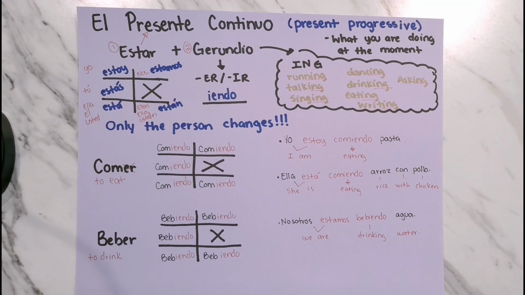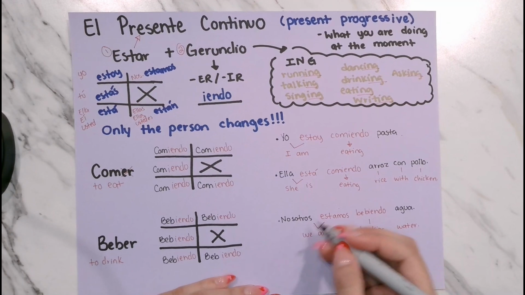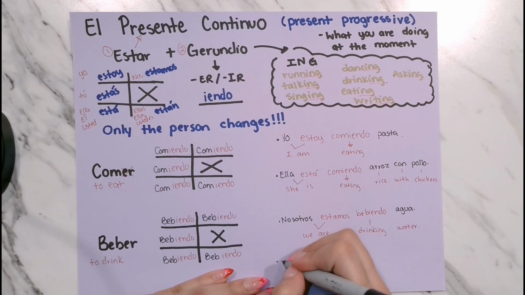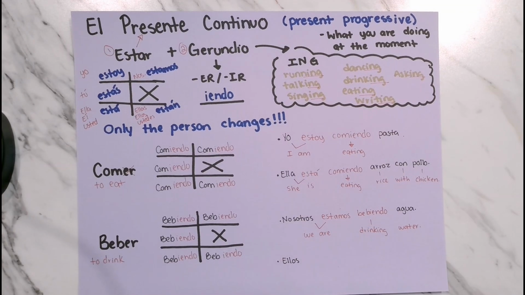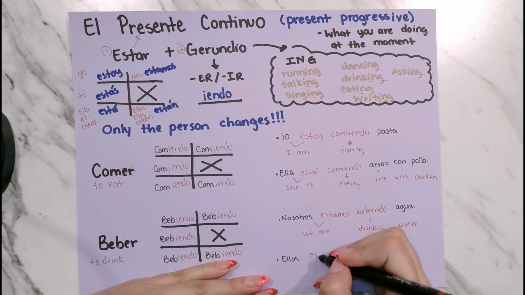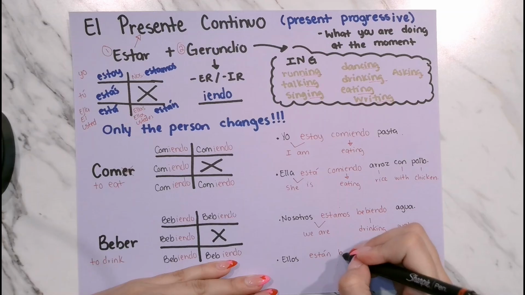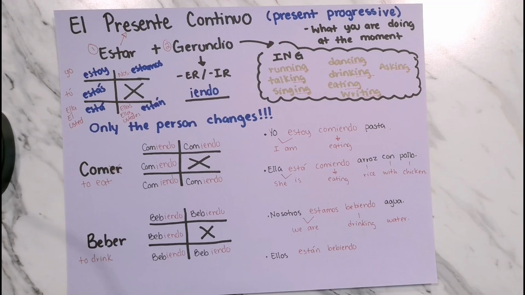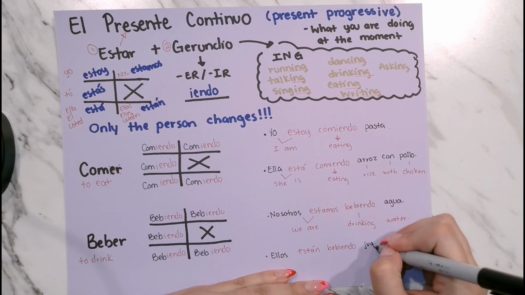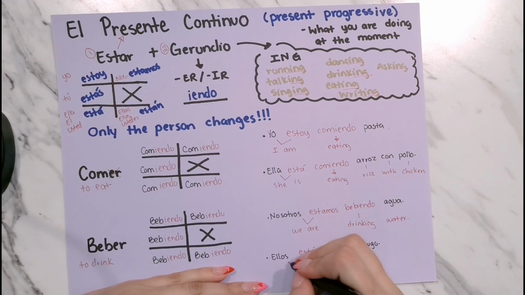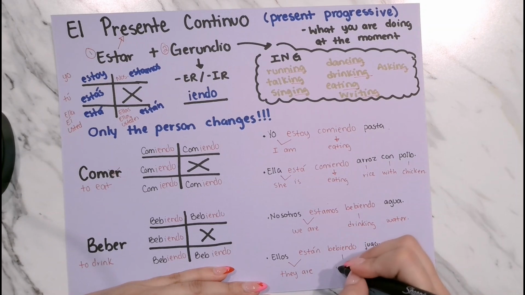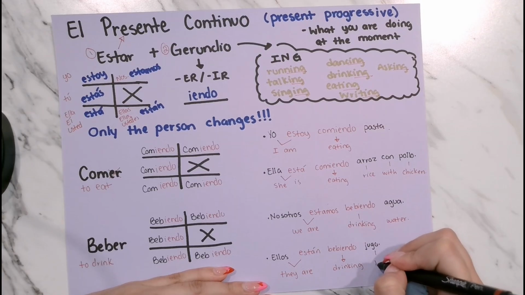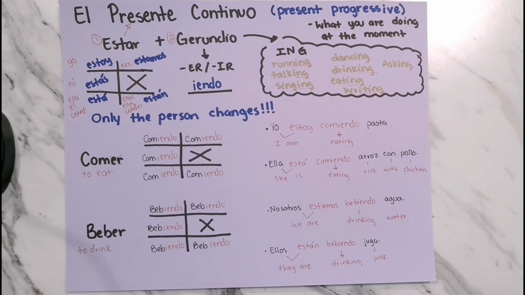Okay? If you want to change it to the third person plural, ellos están bebiendo jugo. They are drinking juice. Okay?